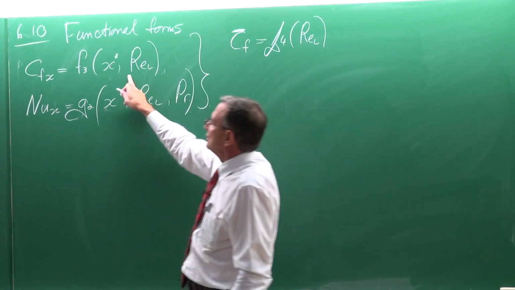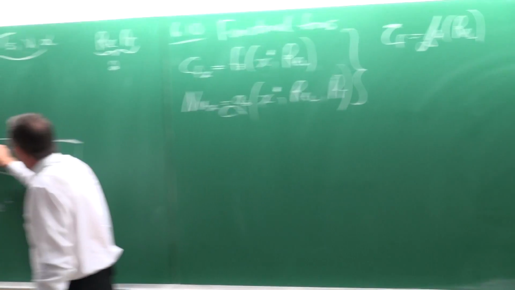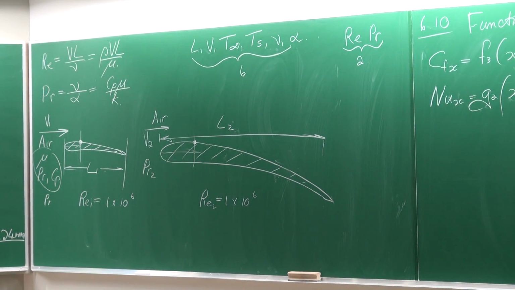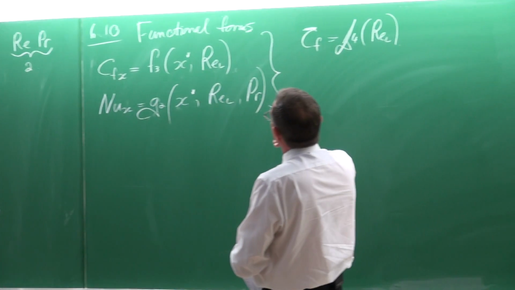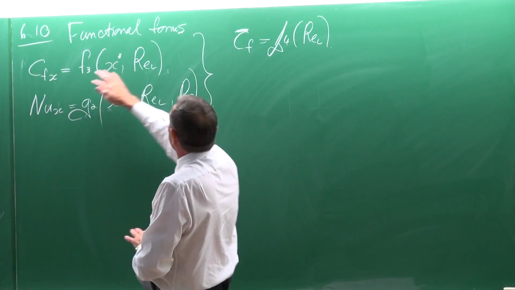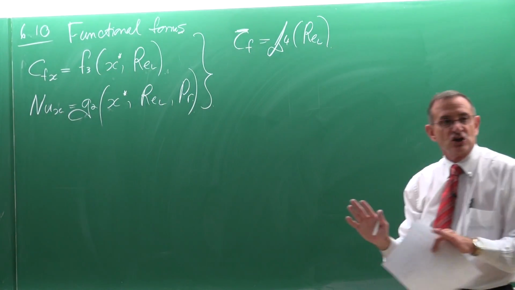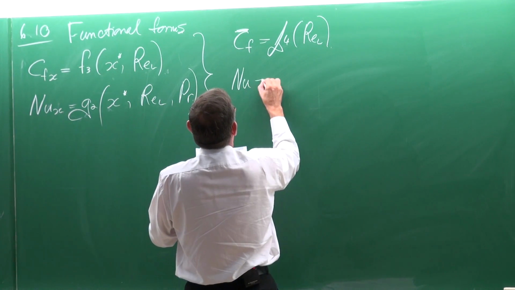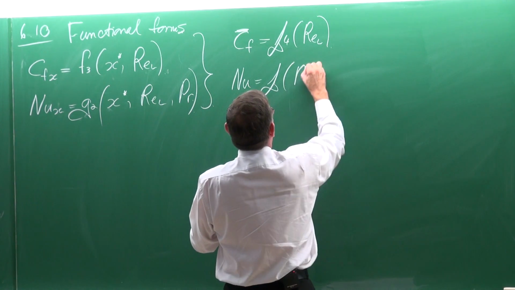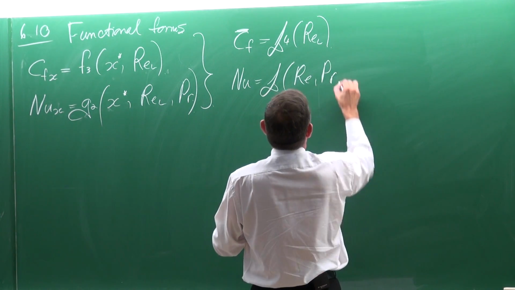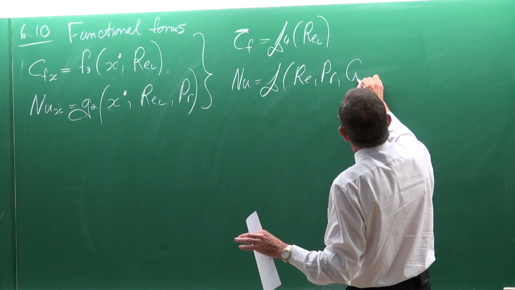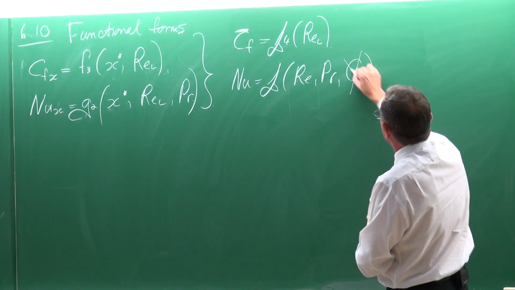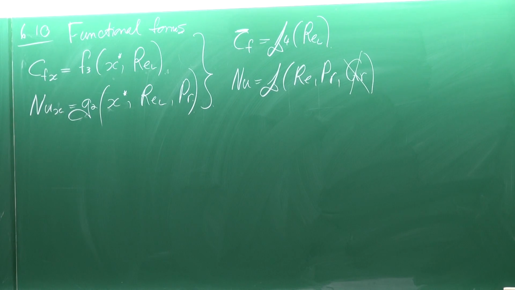So if you do the integration at different points x all around the profile, you can get the average or the total skin friction coefficient, and from that you can get the average. And then the same with the Nusselt number. The Nusselt number is going to be a function of the Reynolds number and the Prandtl number, and actually the Grashof number, but we will get to the Grashof number a little bit later, so you can just ignore that in the meantime.